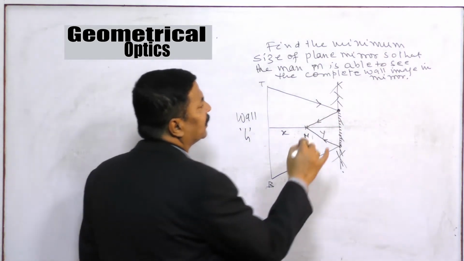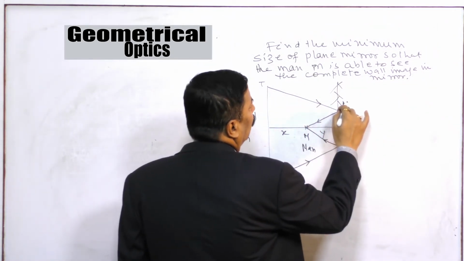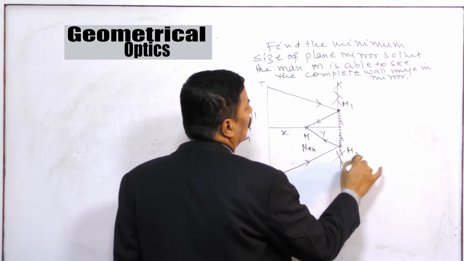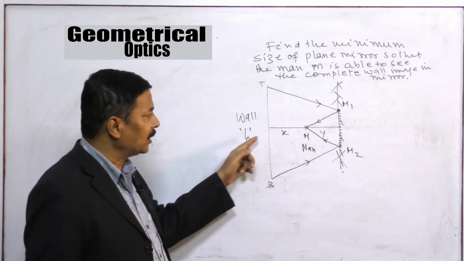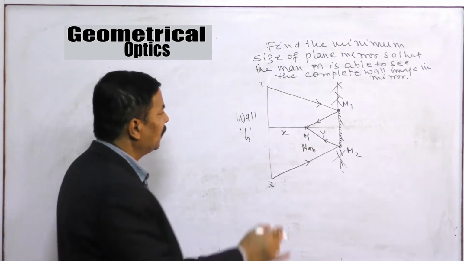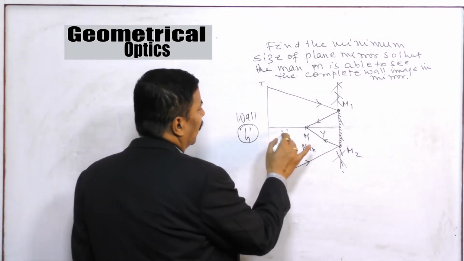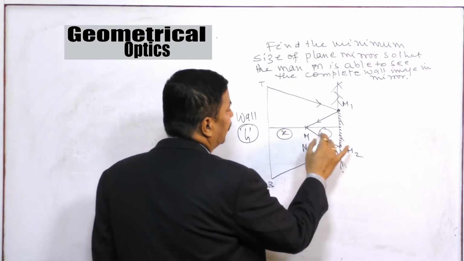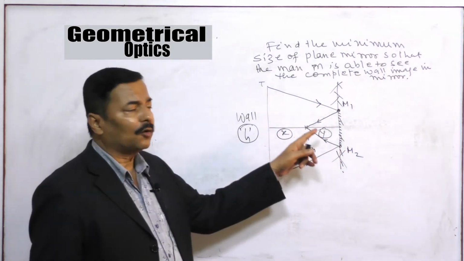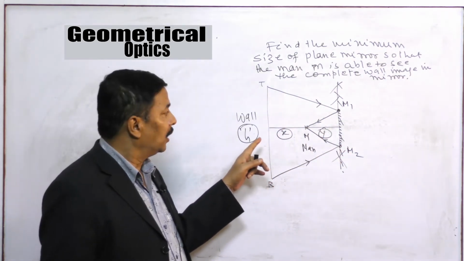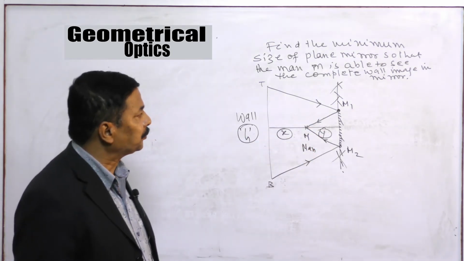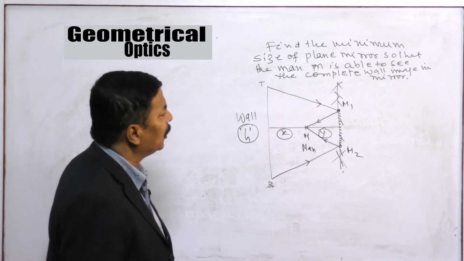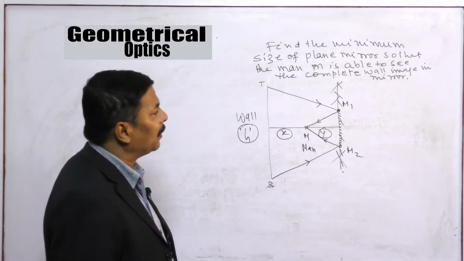So take it as M1, M2. Now how to find? Your answer should contain H, X and Y, because H is given, X is given, Y is given. So the size of mirror should be in terms of H, X and Y. So here what I would like to tell you, we will apply a little bit of geometry.